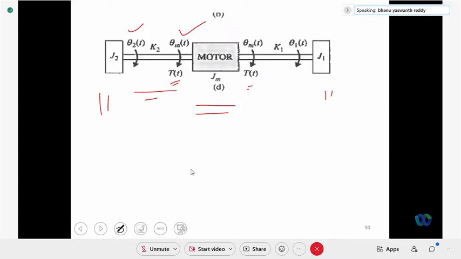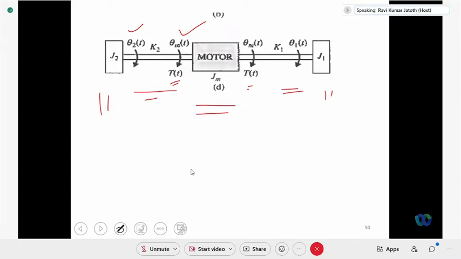Okay. And same thing here also, correct? Yes, sir. Yes or no? So now what we need to do is draw a free body diagram around the moment of inertia, right?